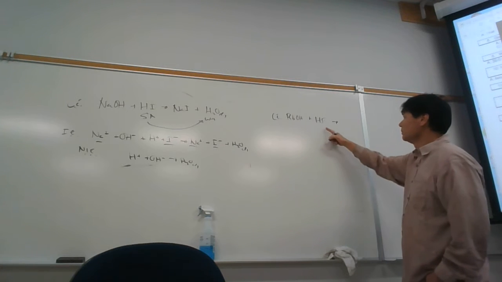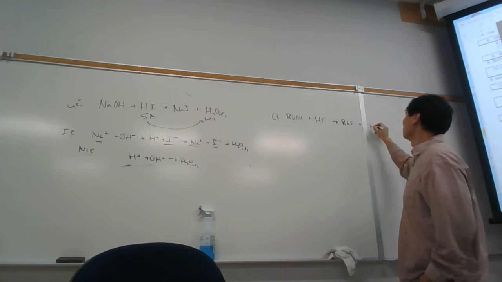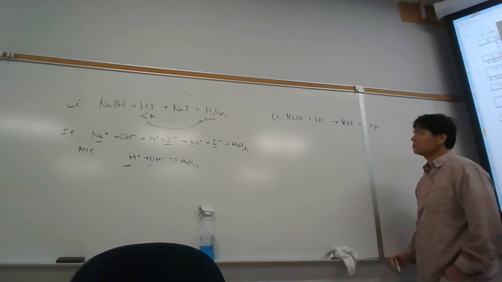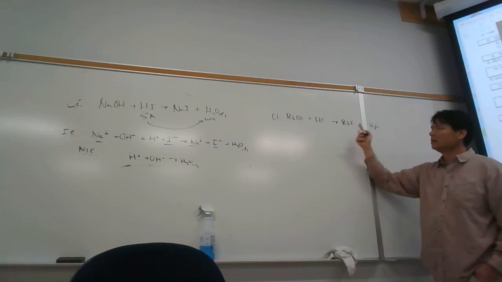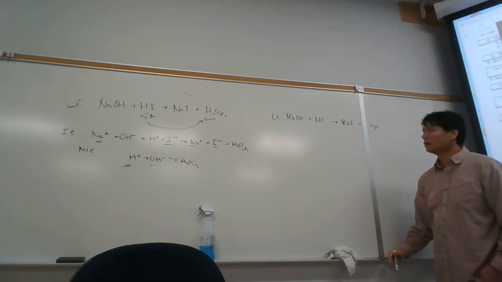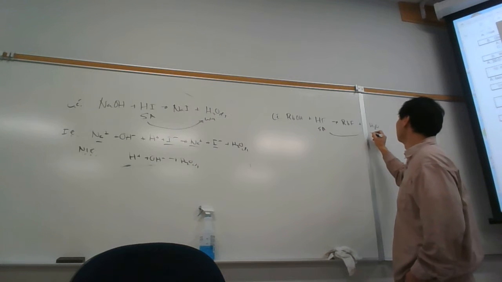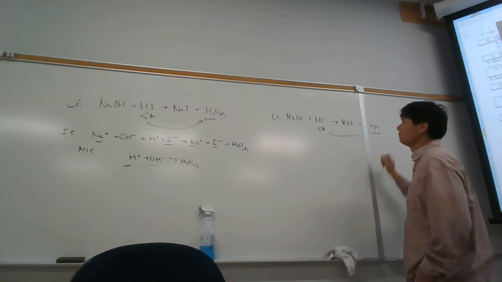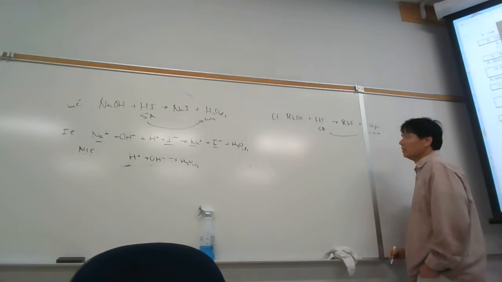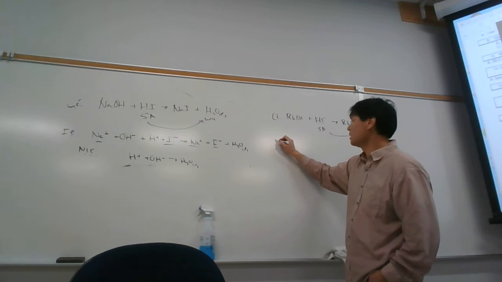But this is going to produce rubidium fluoride and water. Well, which one do you think is stronger? Both of these are weak acids, HF and water, but which one do you think is stronger? HF. And so we call this the stronger acid. This is going to the weaker acid here. But HF itself is not a strong acid. S just stands for stronger acid.